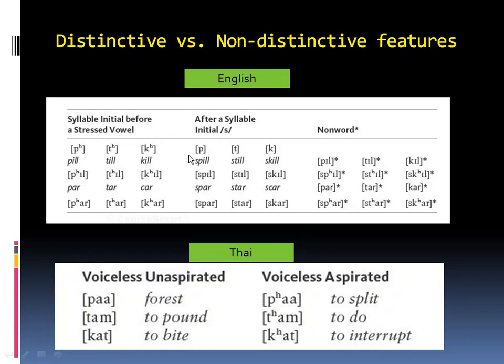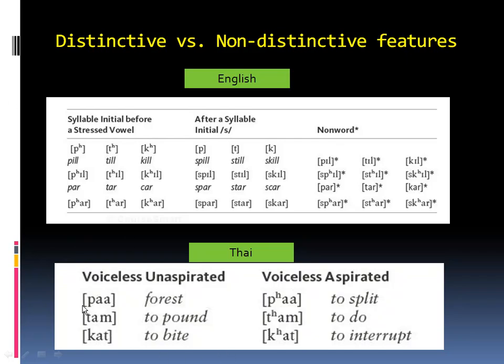But the same sound, if it immediately follows in a consonant cluster situation, spill, the tissue paper won't move. Skill, the same thing. Par, tar, car, the tissue paper should move, but when you say spar, star, scar, it doesn't move. Predictable? Yes. Predictable and redundant, therefore non-distinctive, right? So that's why you don't see aspiration in the distinctive feature list.